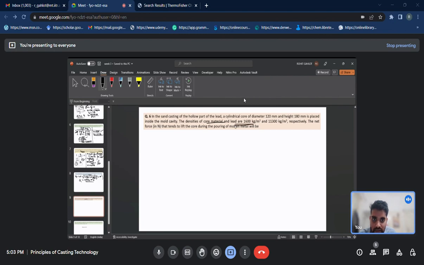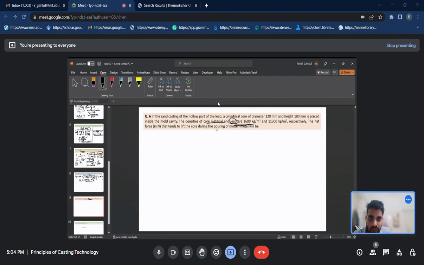In the core design section, there are the density of the core material and the density of the liquid metal. So the lead is being filled, it is not a typo error.